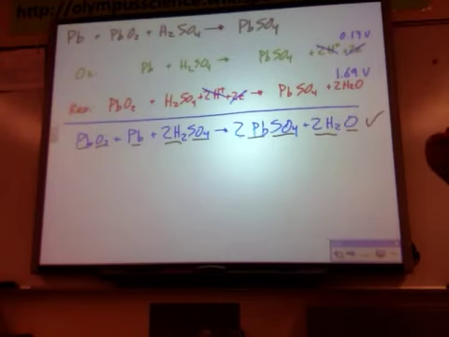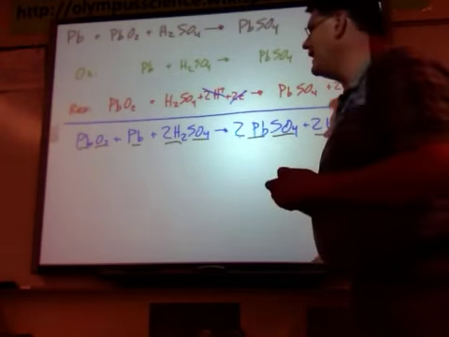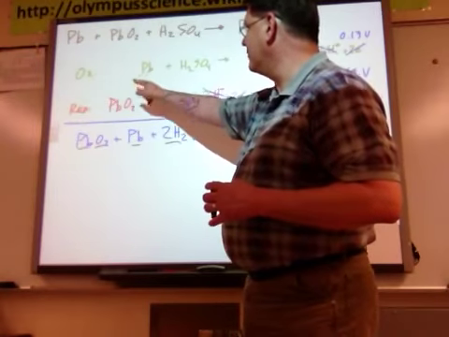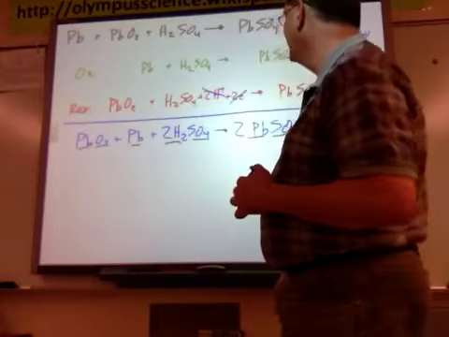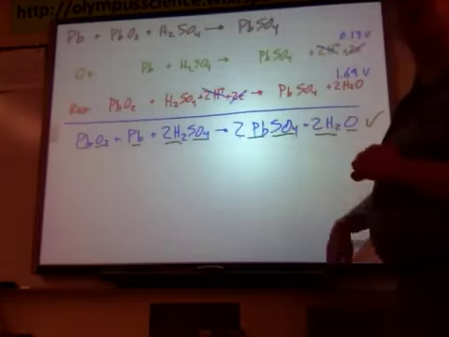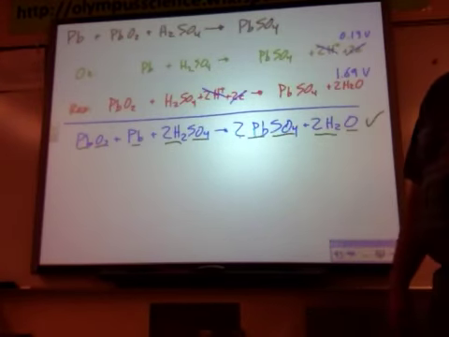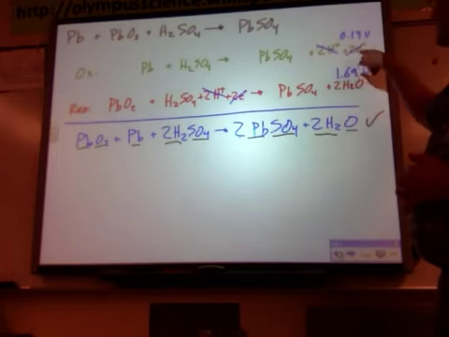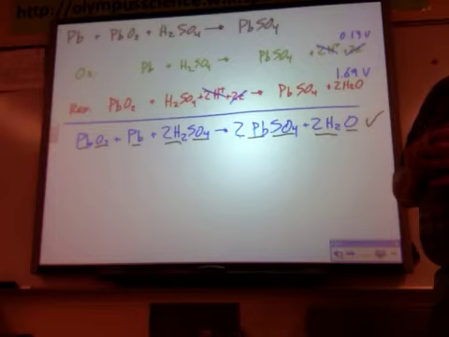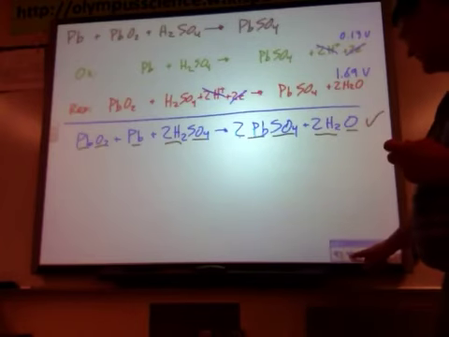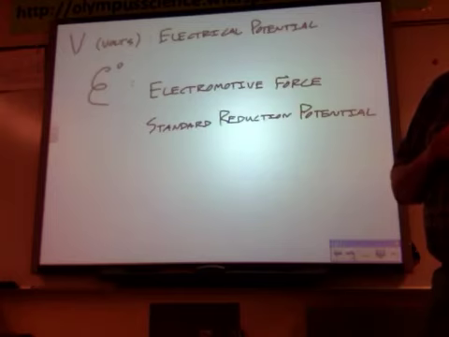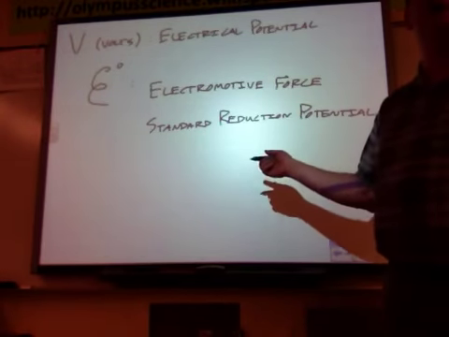Does the fact that we have a mole of lead or a mole of lead oxide here making 2 moles of lead sulfate total play into it? Does the fact that it generates 2 electrons play into it at all? Okay? The short answer is no. The quantities in these reactions don't make any difference.